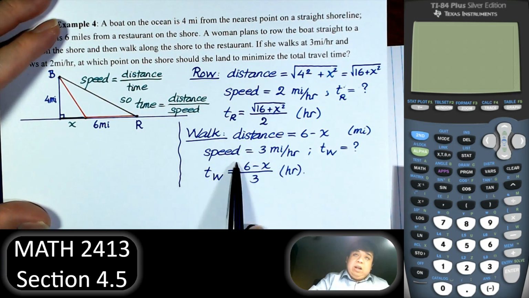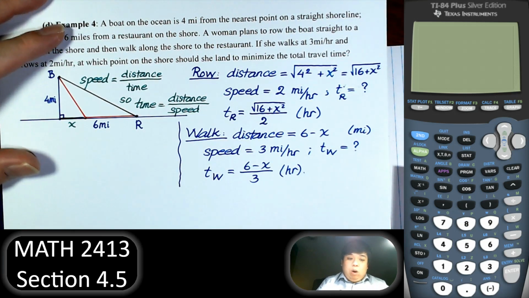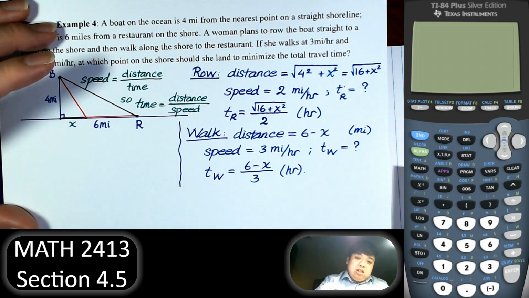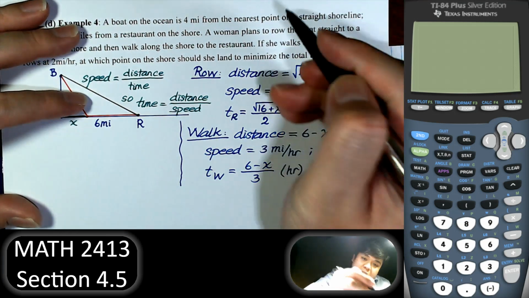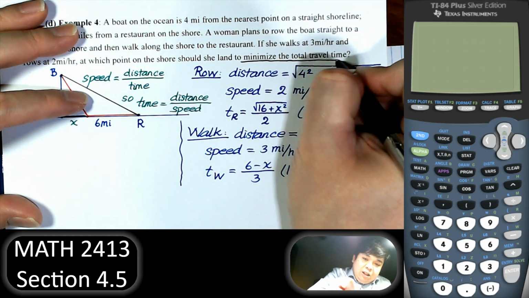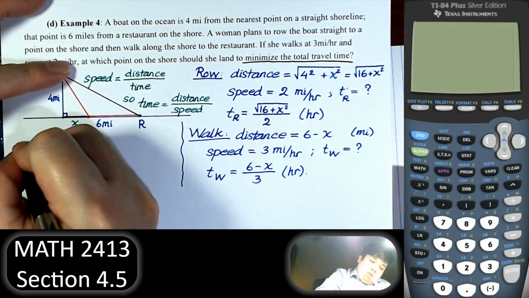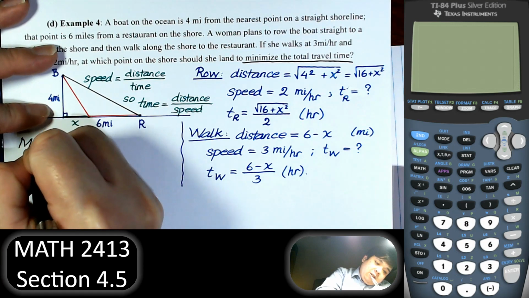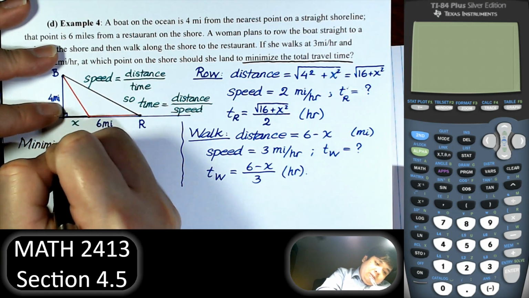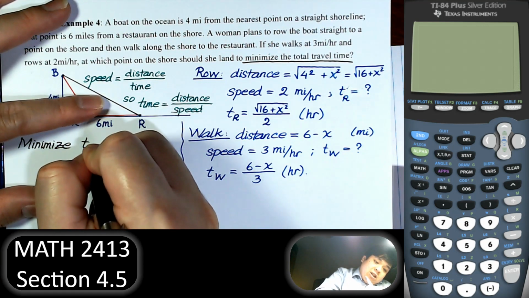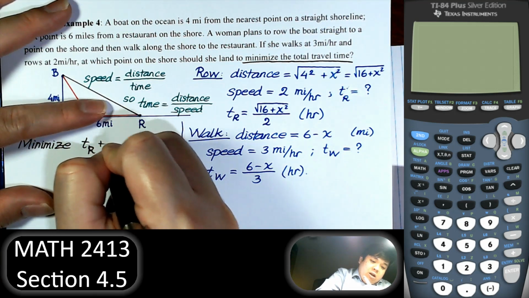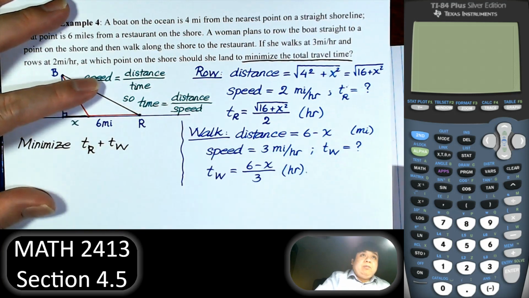So that is rowing, and this is walking. Now, what we need to do, of course, is minimize the time. So we try to minimize the travel time. So the problem is minimize the travel time, meaning minimize the time rowing plus the time walking.